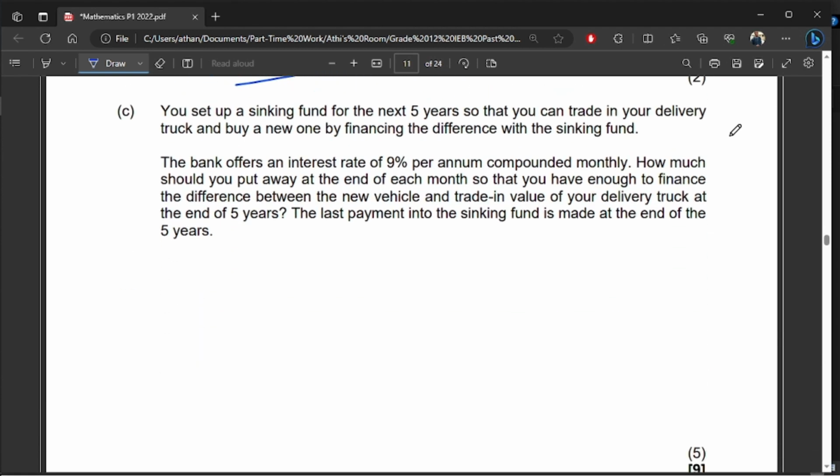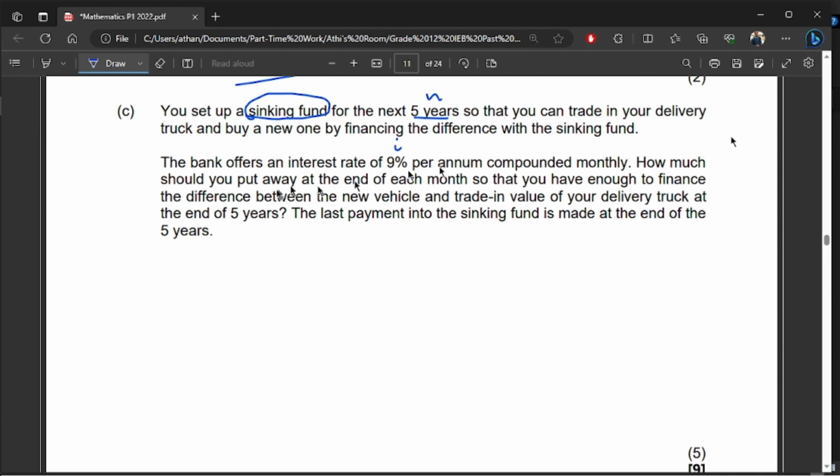Question C. Okay, question C. You set up a sinking fund for the next 5 years, so that you can trade in your delivery truck and buy a new one by financing the difference with the sinking fund. The bank offers an interest rate of 9% per annum compounded monthly.